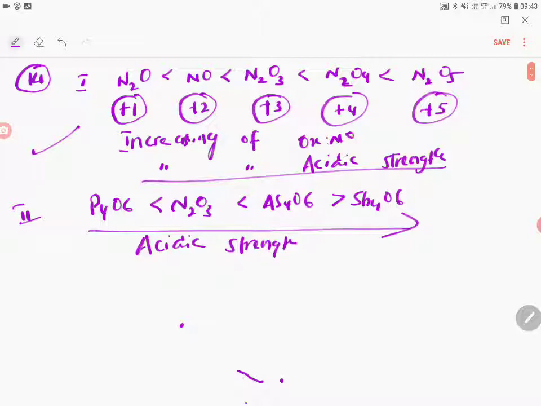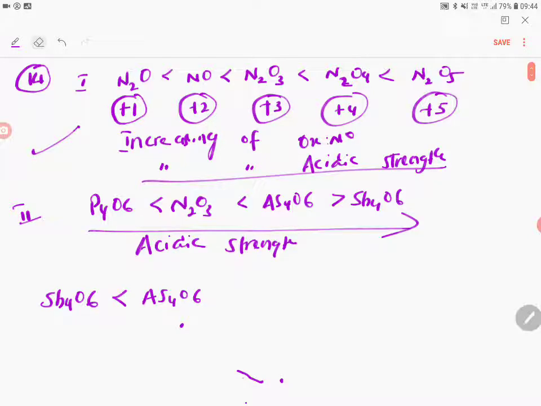I'm sorry to say this option is wrong because basically, Sb4O6 antimony 3 oxide is having less acidic strength than arsenous oxide because of the fact that they're amphoteric in nature.